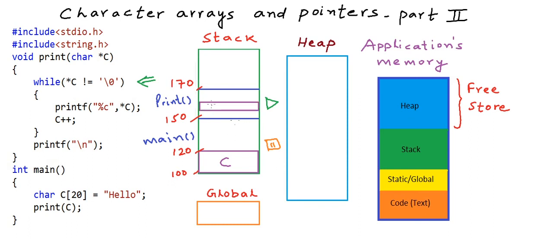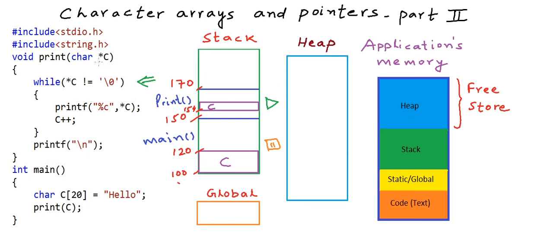Now print will also have a local variable C, but this will be a pointer variable. A pointer variable takes 4 bytes of memory in a typical architecture, so this will be taking 4 bytes. So let's say starting address 154 in this stack frame, we have 4 bytes for this particular character pointer. So this C in main is actually not the same C in print. The C in main and the C in print are different. They have different scopes.